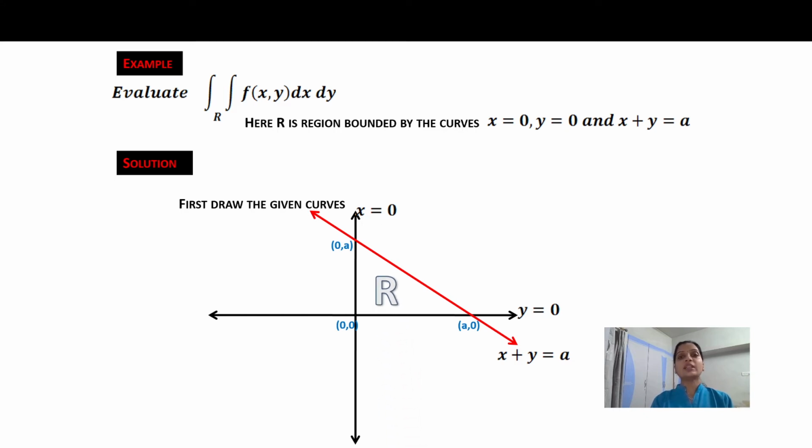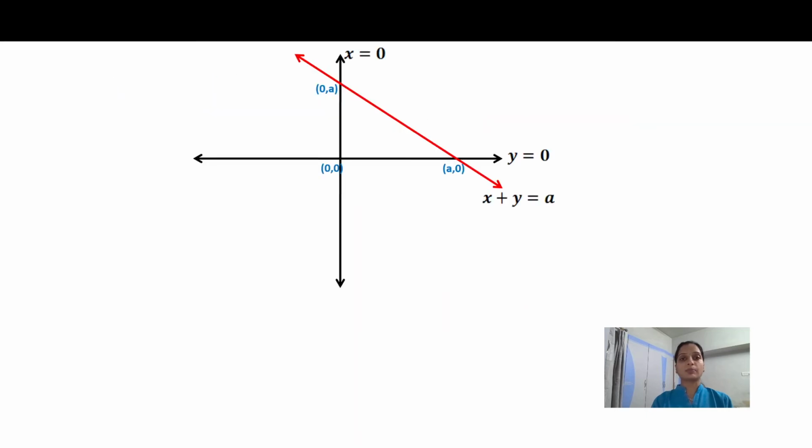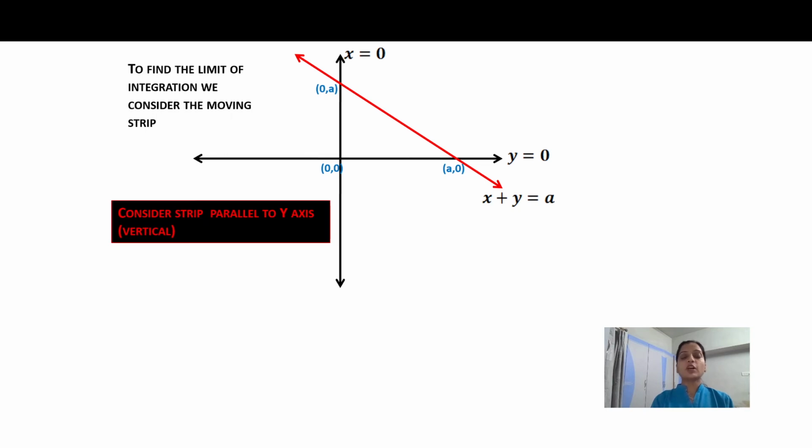Now considering this same sum, I will explain you this taking up the same strip, that is vertical strip as well as horizontal strip. So the limit of integration we need to find out. First, let me take a strip which is parallel to y-axis. That means it is a vertical strip.